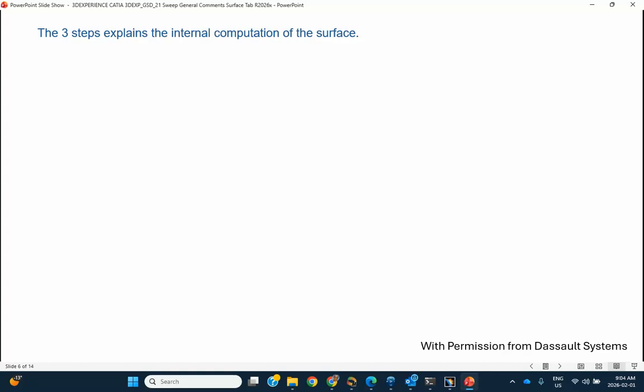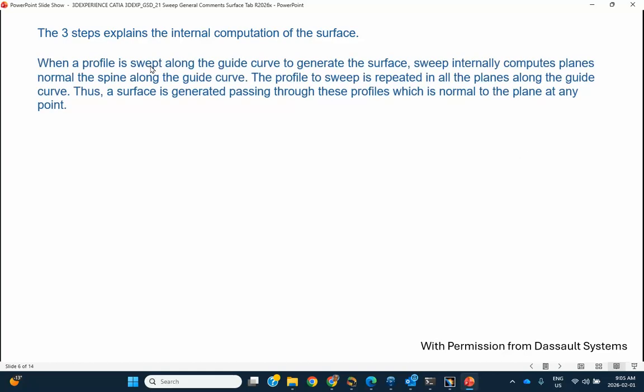Okay, so let me repeat this. Three steps explain the internal computation of the surface. When a profile is swept along the guide to generate the surface, sweep internally computes planes normal to the spine along the guide curve. That's exactly those planes that I showed you.